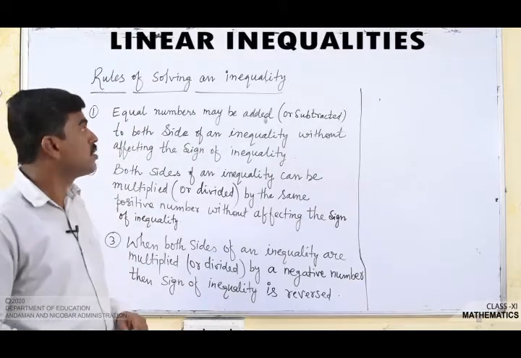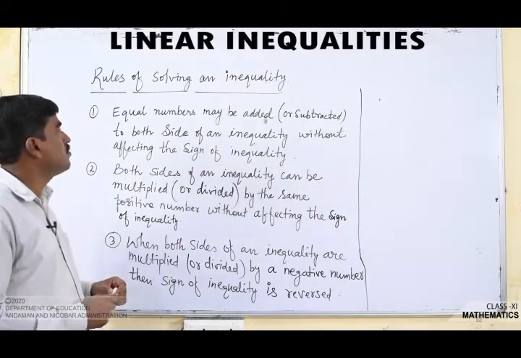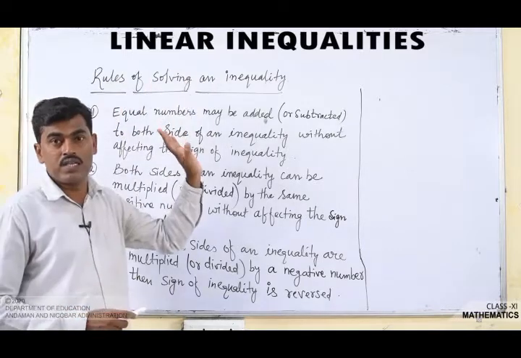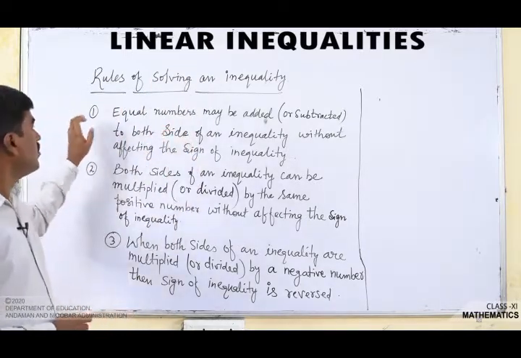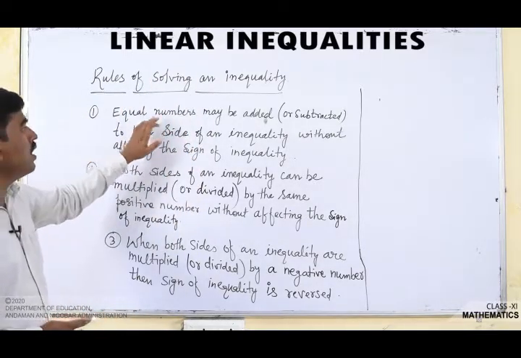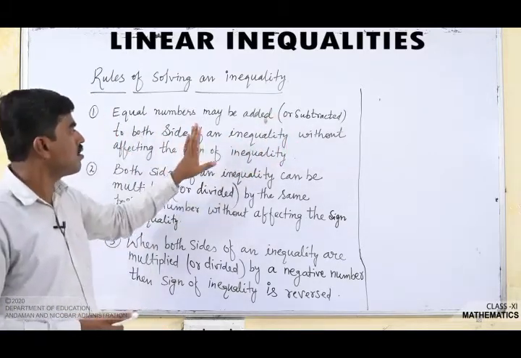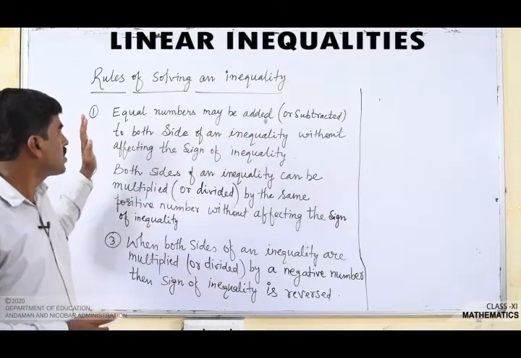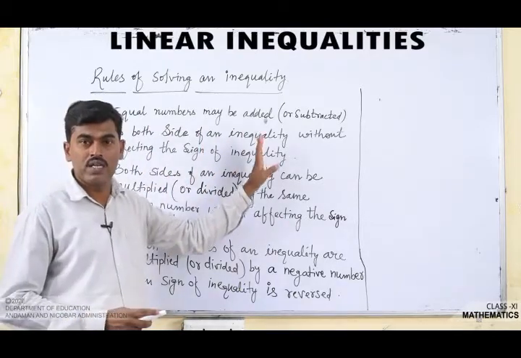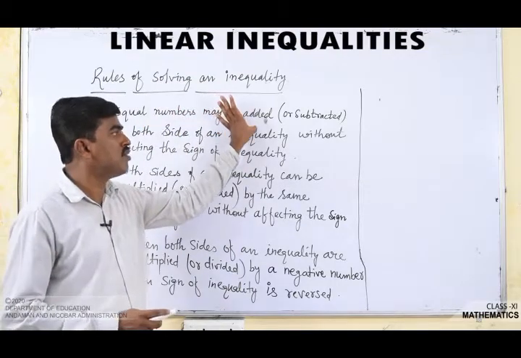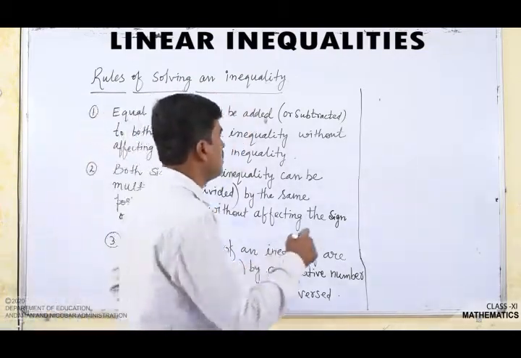So before going to the solution of linear inequalities in one variable, first of all we will see the rules of solving an inequality. The first rule is that equal numbers may be added or subtracted to both sides of an inequality without affecting the sign of inequality. That means equal numbers can be added to both sides of an inequality.